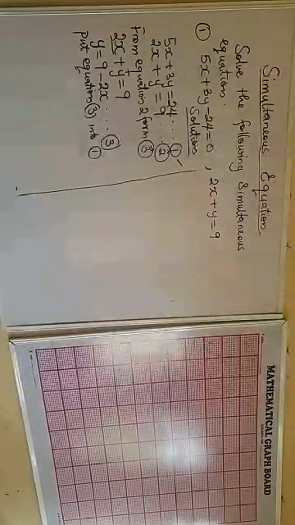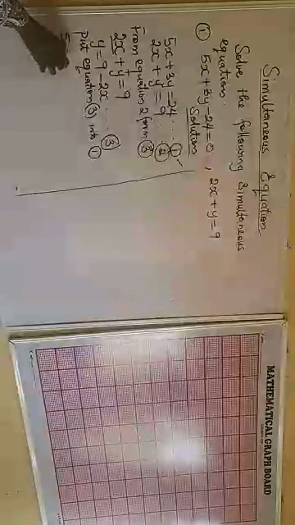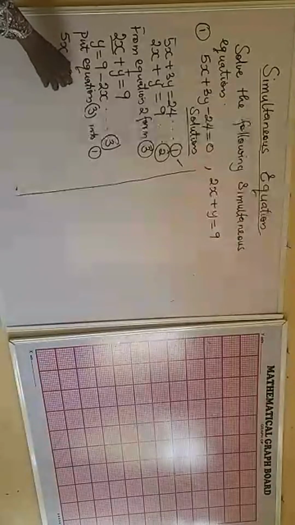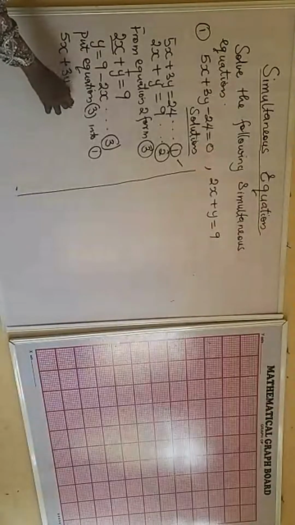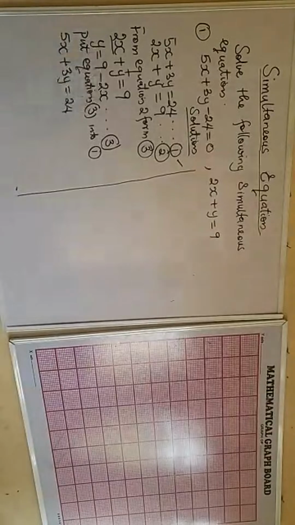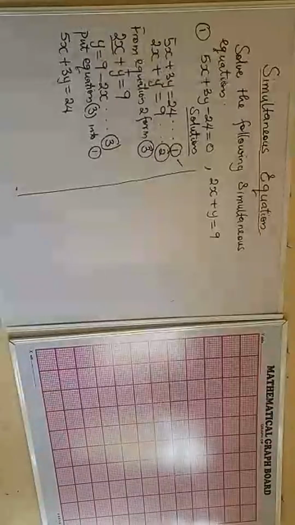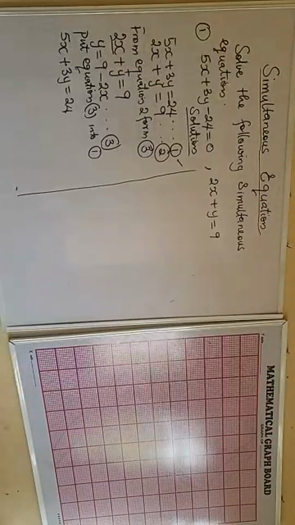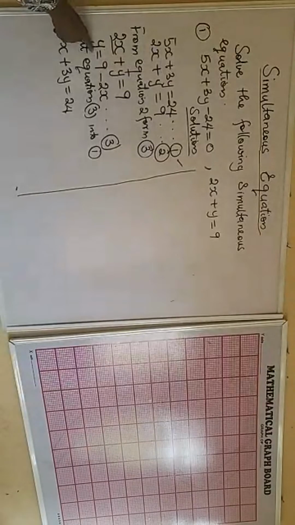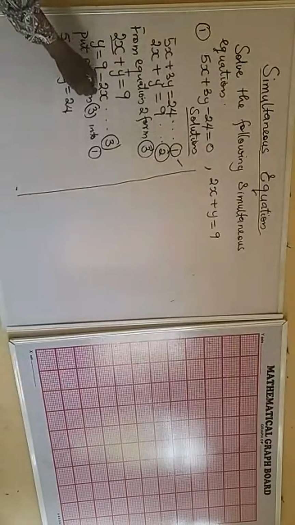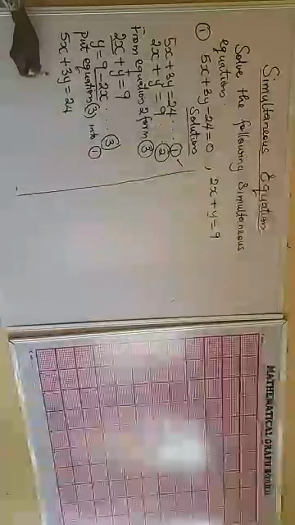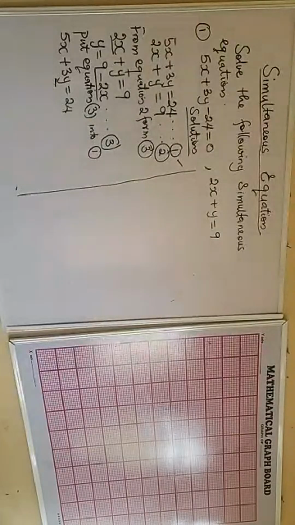So what is equation 1 telling us? 5x plus 3y is equals to 24. And what is y? y is 9 minus 2x. So I will remove this y and put 9 minus 2x.